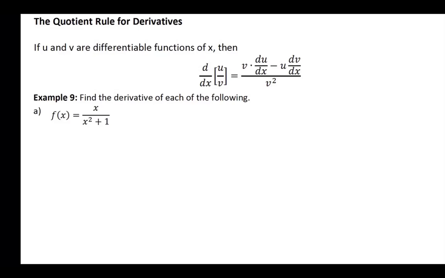We start with the function on top as u, the function on bottom as v. This time we start with v times the derivative of u minus u times the derivative of v, all over v to the second power, v squared. It's a little bit different. It's got more components to it since it's division.